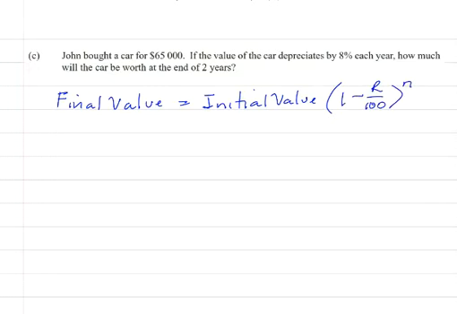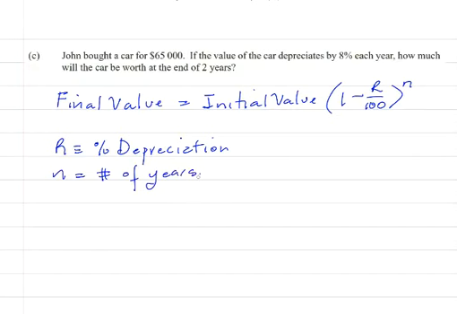Now, r is the percentage depreciation, and n in the formula is the number of years.